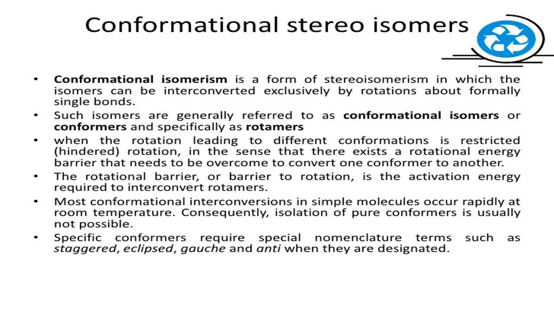Here also, if one hydrogen of one carbon is in the same line as the hydrogen of the other carbon, that is called the eclipsed form of ethane. Because they are in the same line, they experience the maximum repulsion. Compared to the staggered one, this structure is the least stable, and it is called the eclipsed form of ethane.